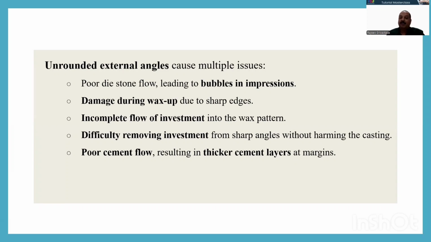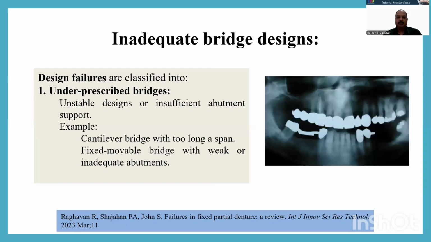Then there will be incomplete flow of the investment to the wax pattern. All these things will lead to the failure of your fixed partial denture. That's the reason we say that we have all rounded angles in tooth preparations.